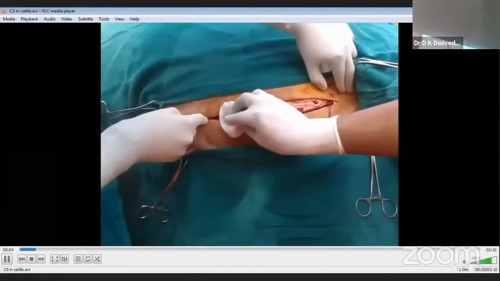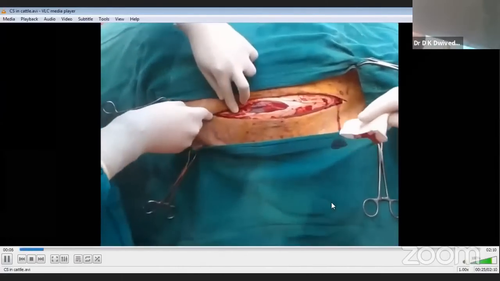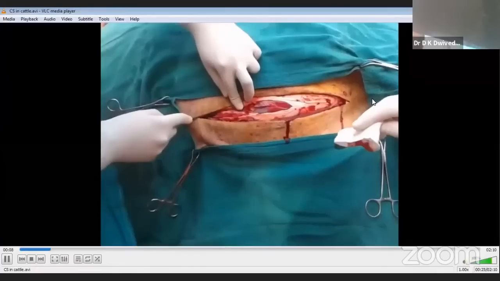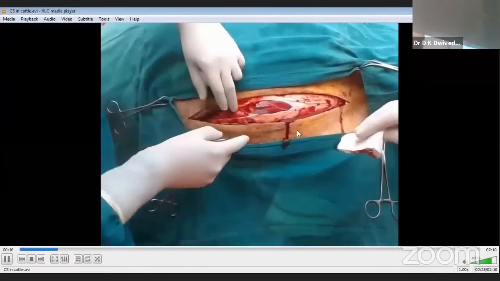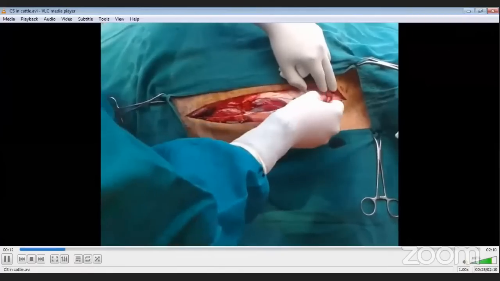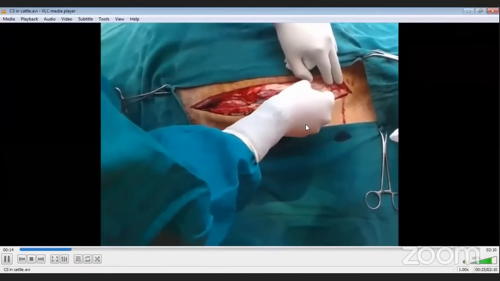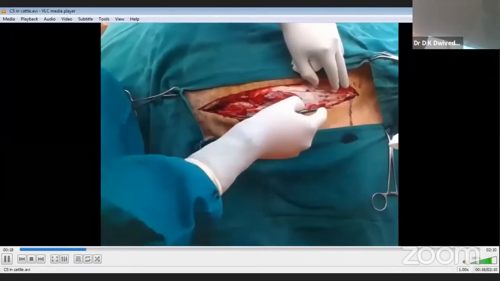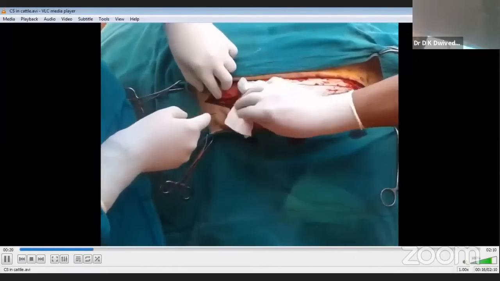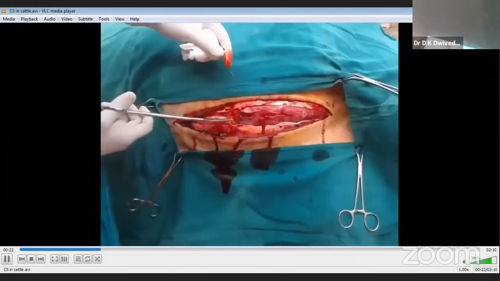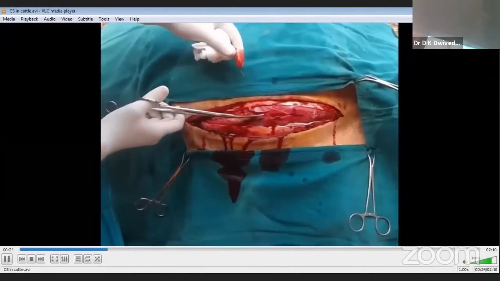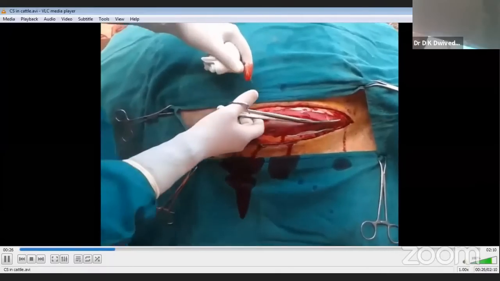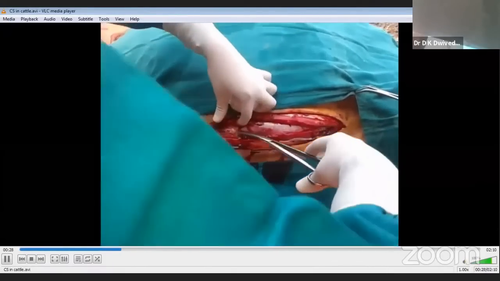In brief, this is the video clip of the surgical procedure for the C-section. This is the skin incision, paramedian skin incision. We are following the paramedian approach. Now you can see the incision on the rectus abdominis muscle. Then this is the blunt dissection of the rectus abdominis muscles.